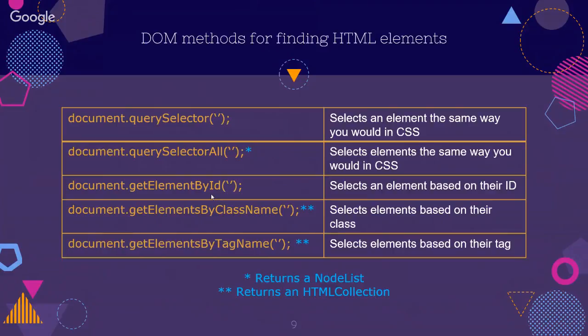Remember that the ID attribute should be unique and that it should be used sparingly. So we shouldn't be putting IDs everywhere on the page just because this makes it really confusing for others, having all these IDs floating around.